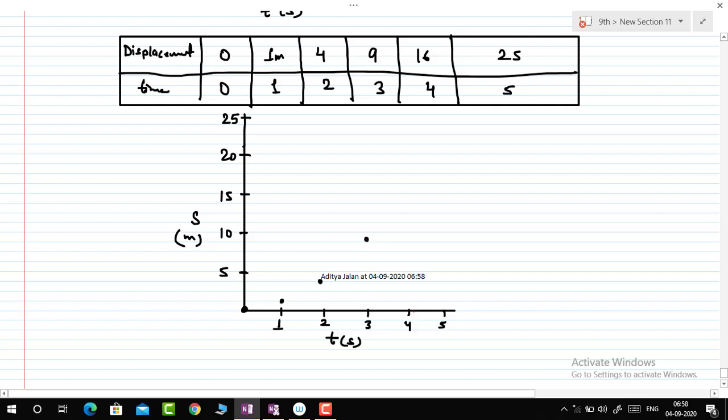And for time equals to 4, displacement is 16, so it is just above 15, means here. And for time equals to 5, displacement is 25, so it is here. Now when you join all these points, we are getting a curve. So this curve represents the motion is non-uniform. Anyway, this is the graphical representation of the displacement time graph.